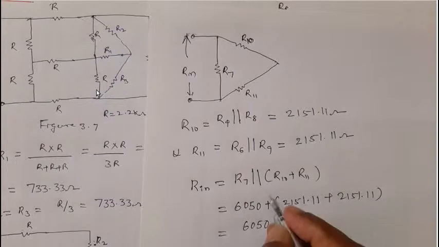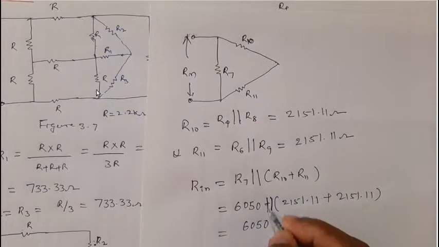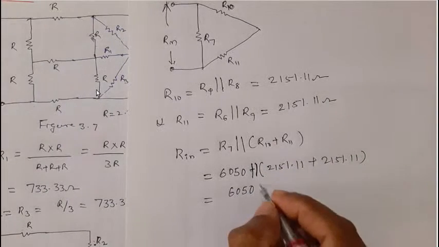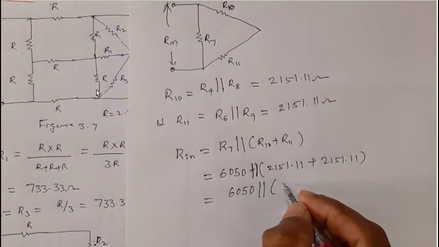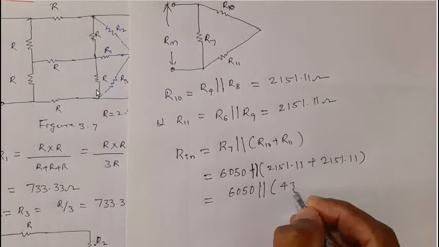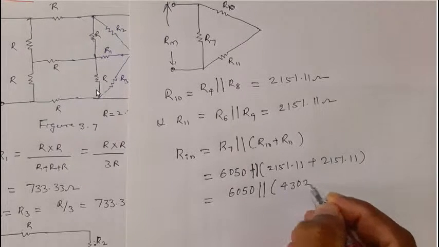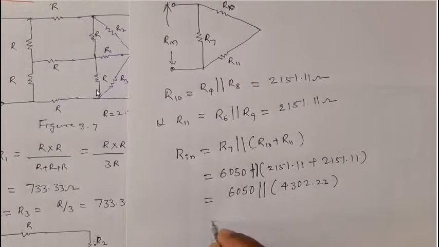It is in parallel here, right? So 6050 is in parallel with the combination, which if you add is 4302.22 ohm.